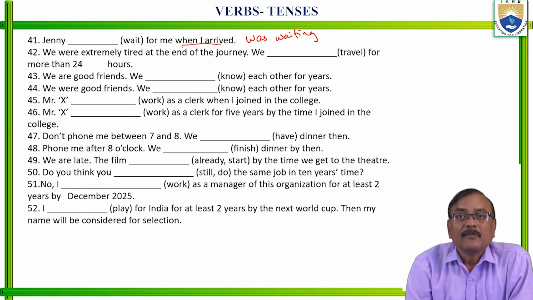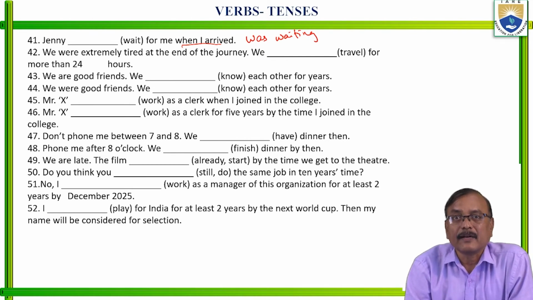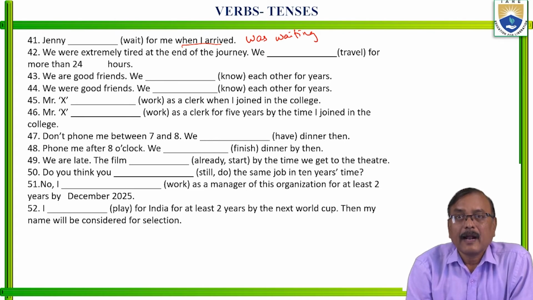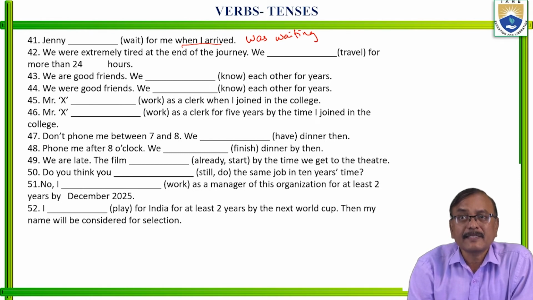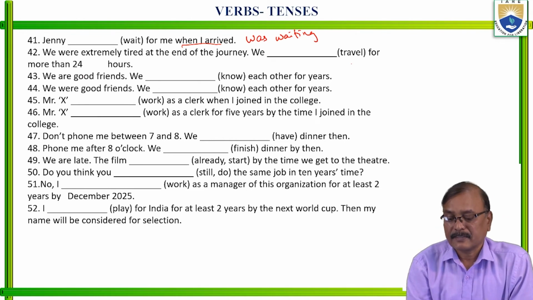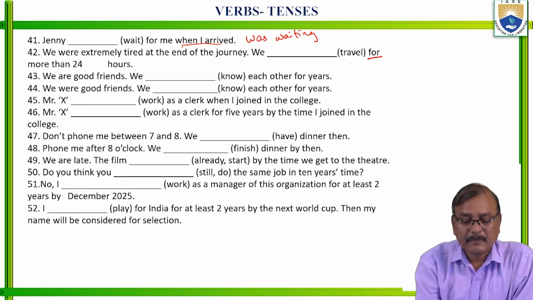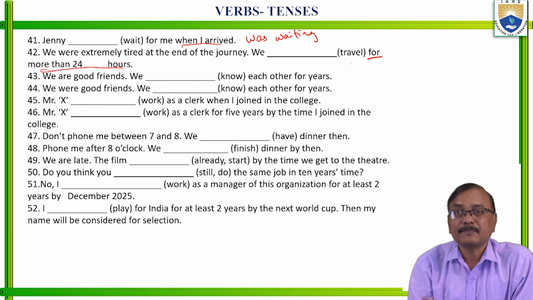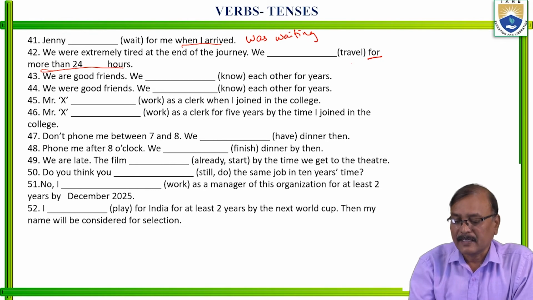Okay, we were extremely tired at the end of the journey. Means journey is over. Okay, right? And at that time we were extremely tired. So why we were extremely tired? We dash travel for more than 24 hours. So what is that here? For more than 24 hours. This is by the end of the journey.